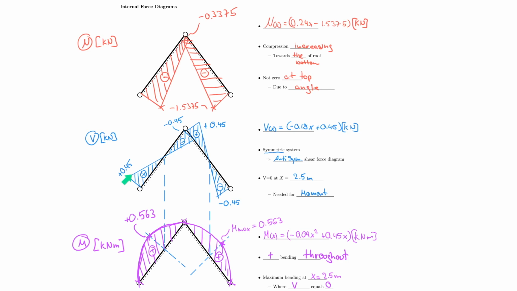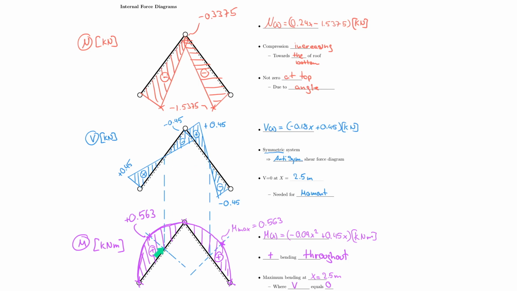Shear force diagram has to be linear because effectively there's an evenly distributed force acting on the roof. And because it's a symmetric system, the shear force must be anti-symmetric with a zero pass-through at the middle of the members.